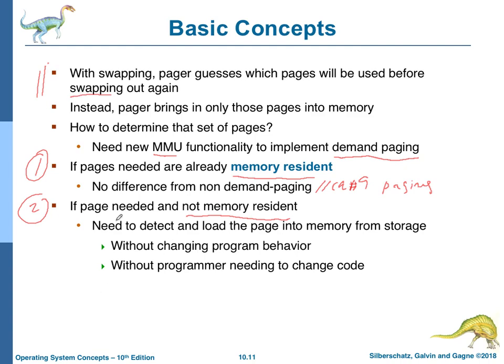If the page is not memory resident, then we need to detect this and load the page into memory from the secondary storage. A trap is generated to the operating system.